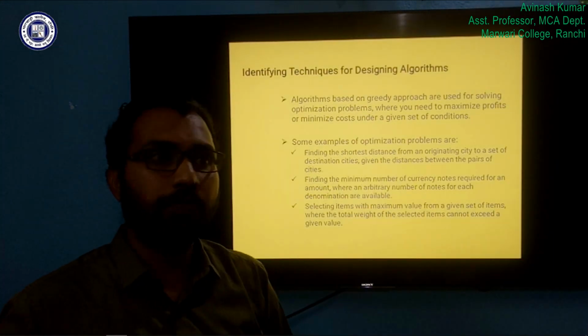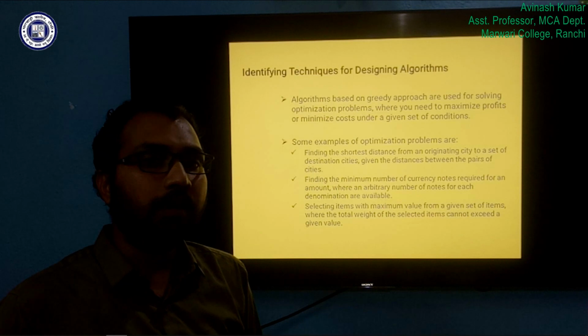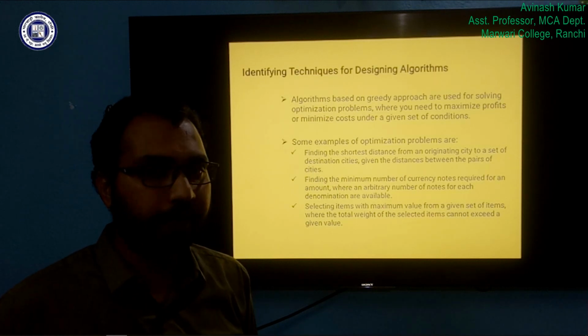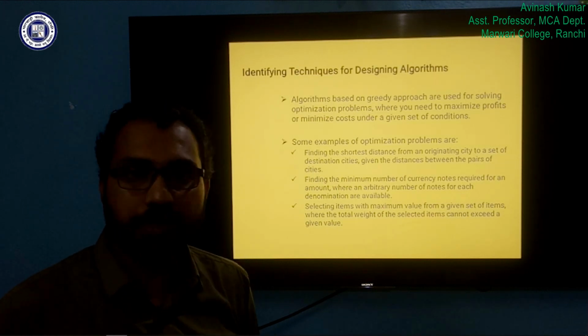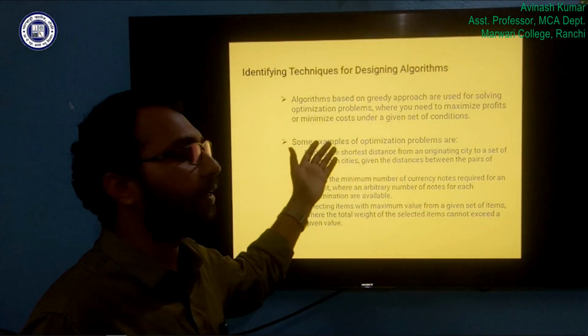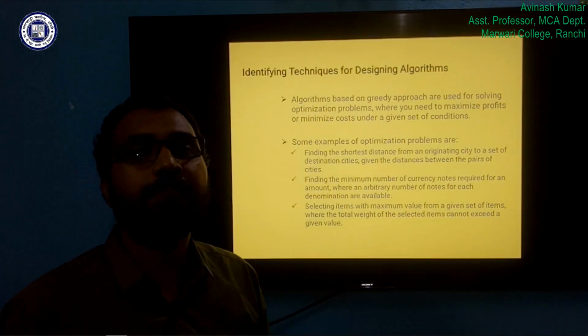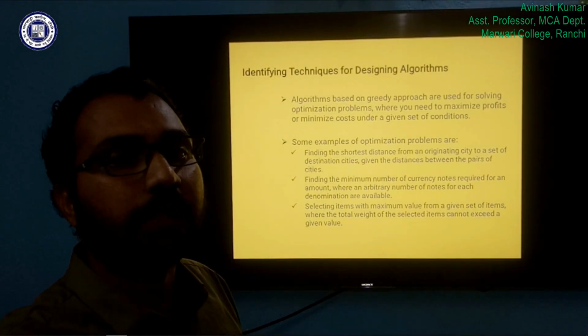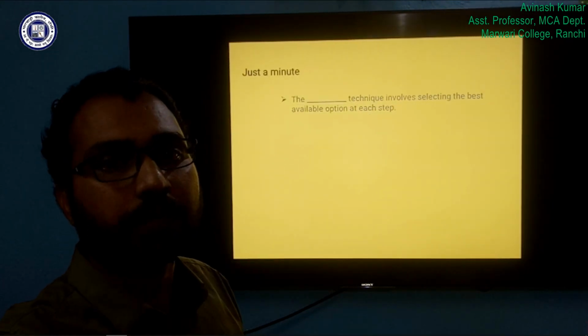So in both the cases, either you need to maximize the profit, that is the performance of an algorithm, or you need to minimize the cost, that is the availability of resources, the expense incurred on the resources.